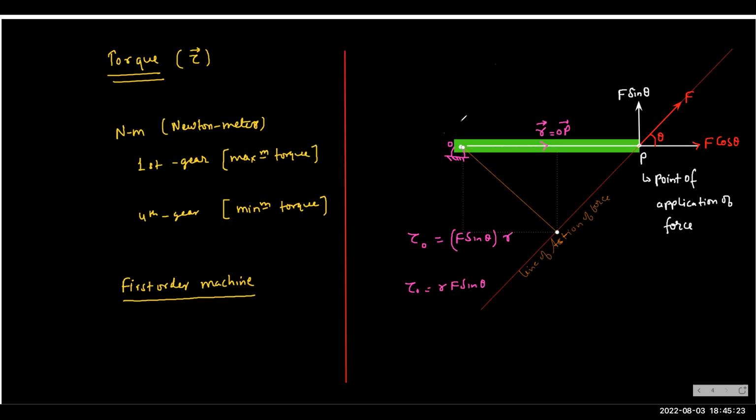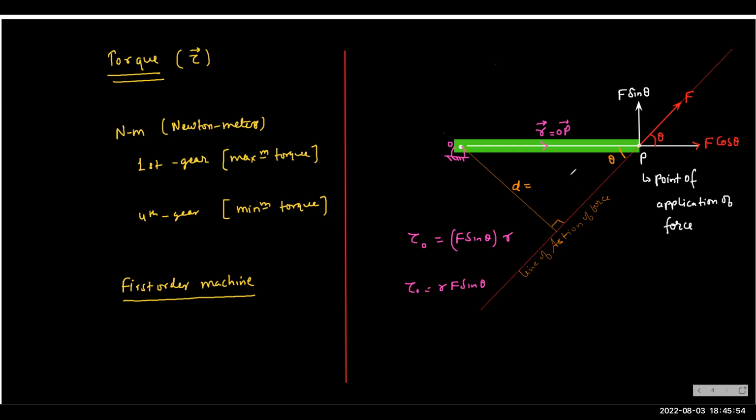So what you will do, you will drop a perpendicular. And this is also theta, as you can see. So this is called D. And what is the value of D, guys? What is D? Tell me. F sin theta. No, D in terms of R. How to express D in terms of R?